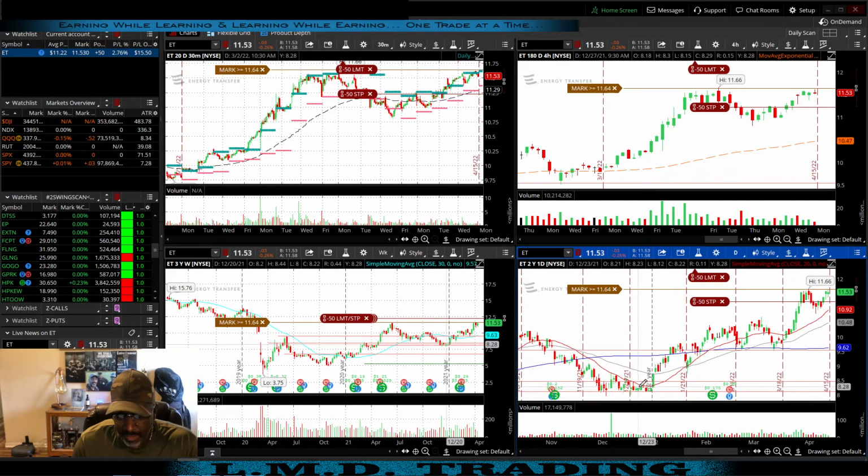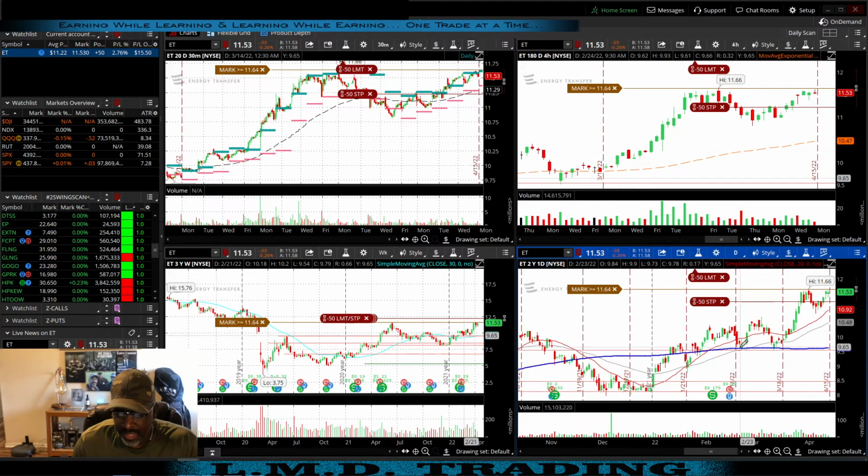Kind of just chopped around, and then instead of going lower, it made this nice move to the high side. And then right here, we get our first higher low. So we got a higher low, we got a higher high, we got this little tiny small higher low, and then we got pretty much an even high.